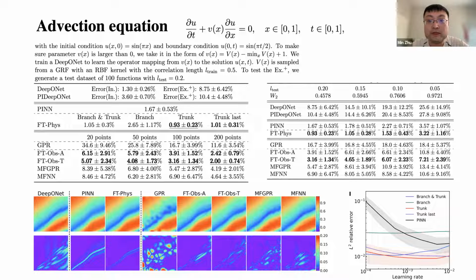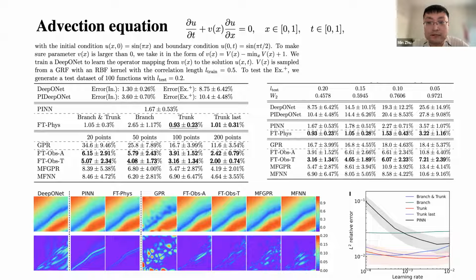The pre-trained DeepONet has an average L2 relative error of 8.75%, and the physics-informed DeepONet has a slightly larger error.